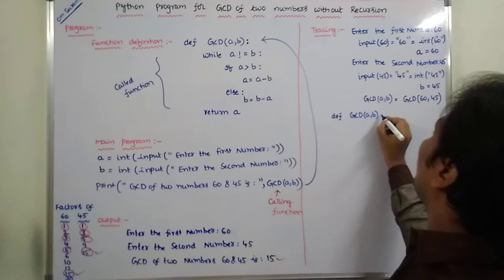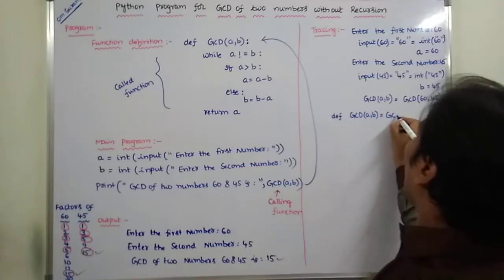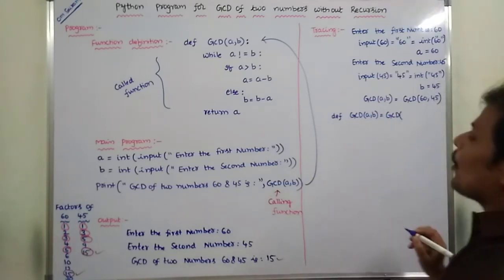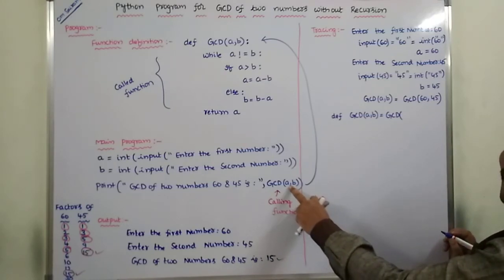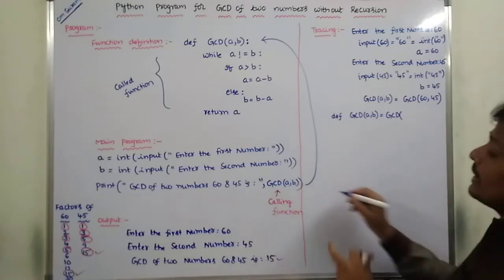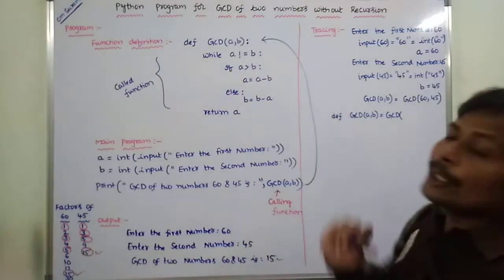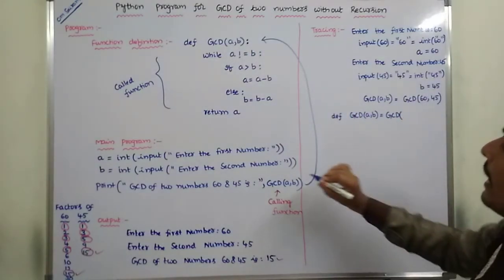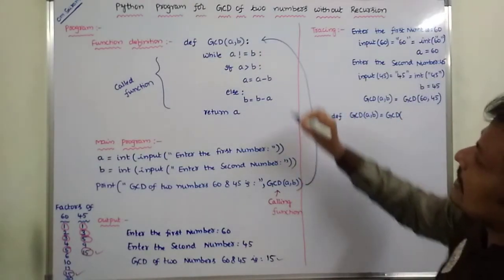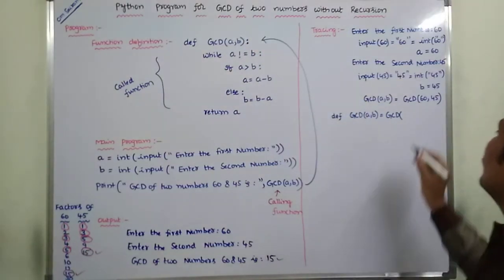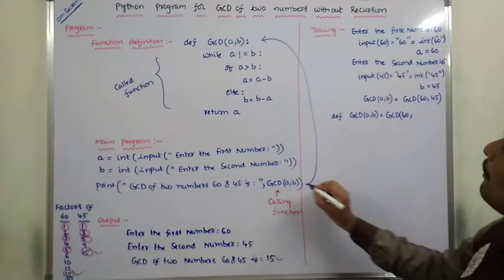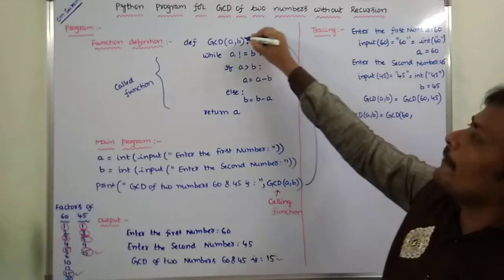Here a comma b values are formal parameters. So now whatever values are there in the actual parameters are copied into the formal parameters.